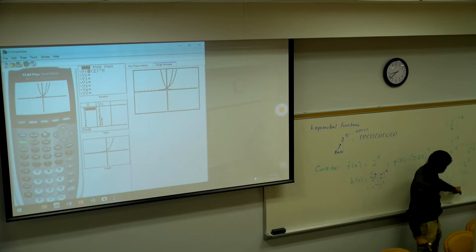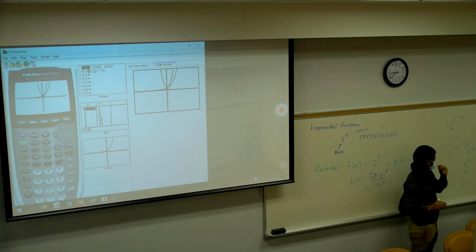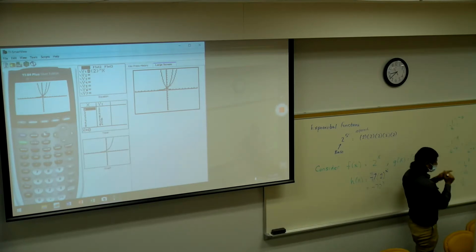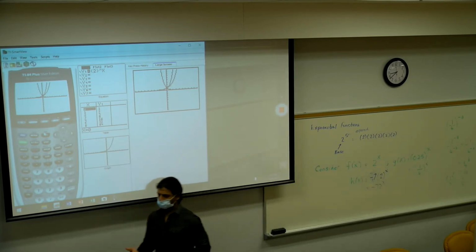Is that number smaller than that number? So as you go toward positive infinity, things are going to get smaller and smaller and smaller. Agreed? So that's one way to get that curve. There is another way.